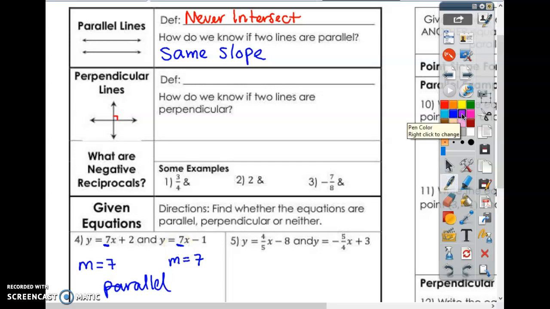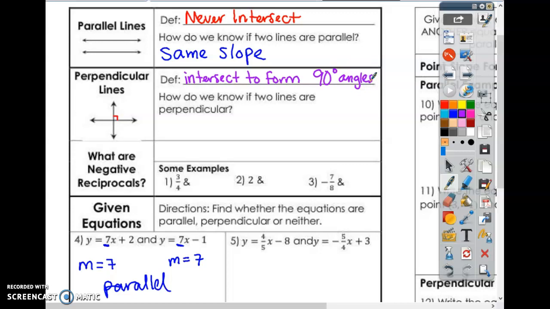Now, perpendicular lines are lines that cross and form a right angle. So lines that intersect to form 90-degree angles. Right angles.